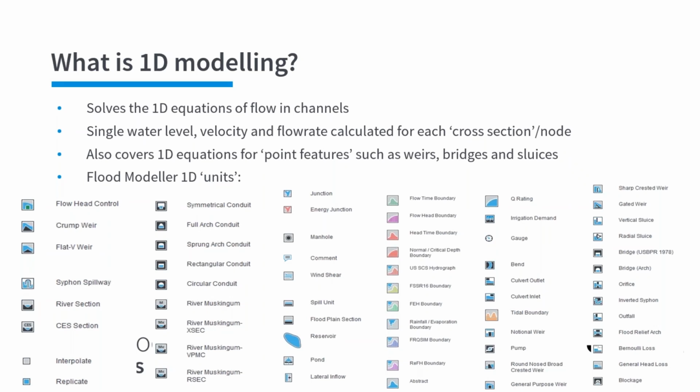So in here, there's various types of weirs, river cross sections, various types of culverts, junctions, manholes, ponds and reservoirs, various types of boundaries, so tell the model how much water is coming in or out of that boundary, including a lot of hydrological analysis within there. There's bends, there's pumps, more weirs and sluices and siphons and blockages. All those could be considered as 1D elements within a 1D model, or 1D elements within a 2D model.